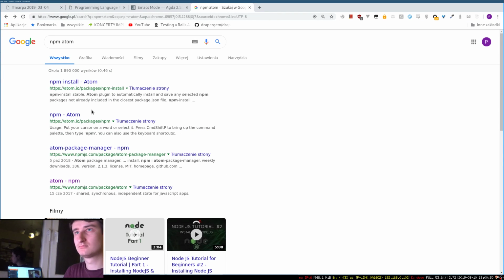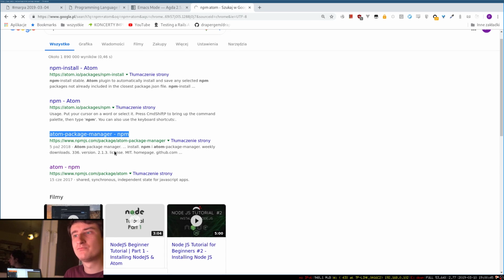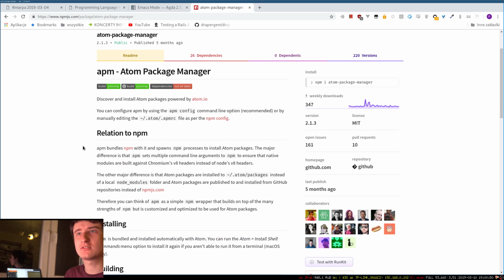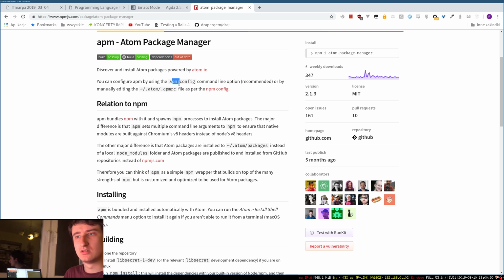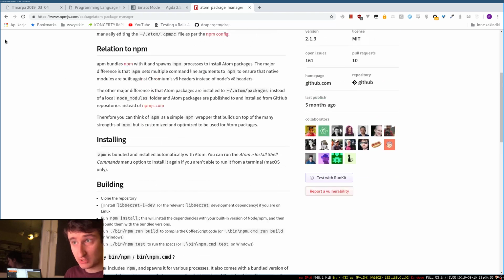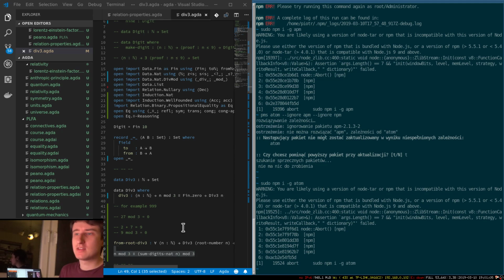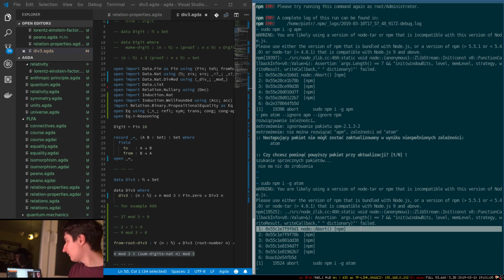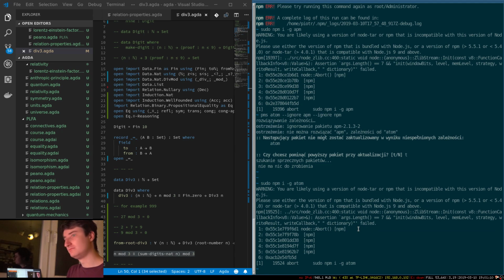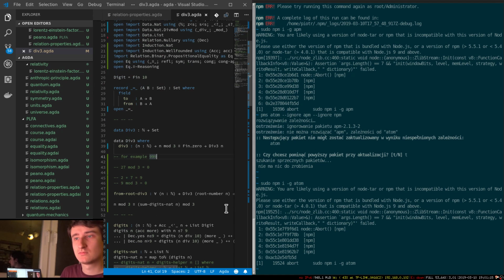You can, however, install the Atom package manager with npm, just that, and nothing else, because its package manager for plugins is basically a JavaScript command line thing. That's it. First, Atom cannot install for me, and second, I like VS Code better because it looks better and I think works better. I guess that's reason enough.